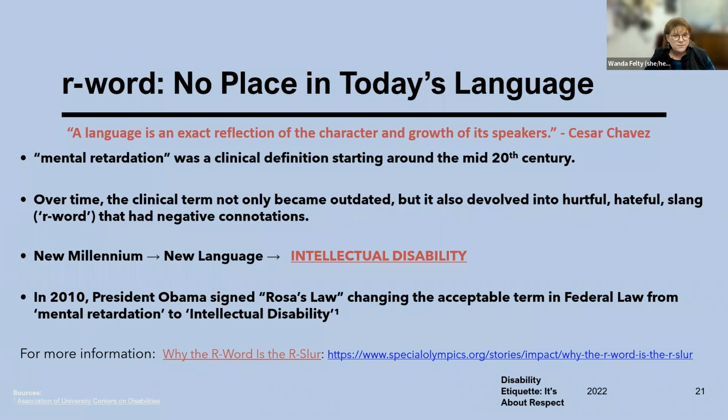But there are campaigns, because this word is as affecting to a person with a disability, especially those with intellectual disability or significant learning disability, as derogatory as some of the racial slurs that are out there. It's very personal, because it instantly takes them back to days when they were not treated respectfully.